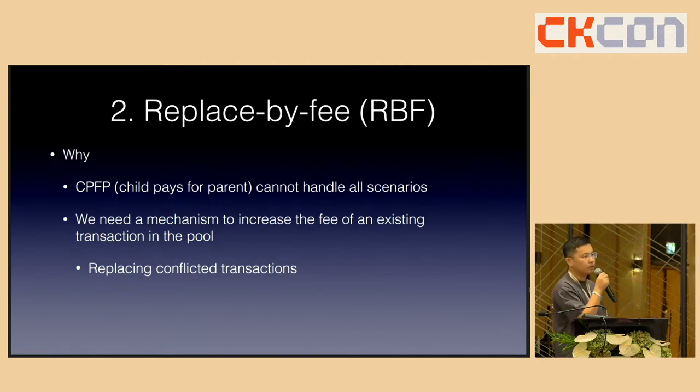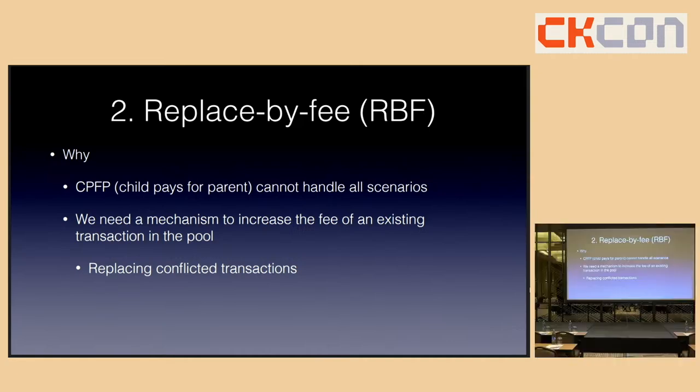Because the algorithm in the transaction pool tries to find a transaction chain which has a high fee rate, if the child pays a high fee, the parent will have a much higher possibility to be packed in the next block. That's called child pays for parent, but it cannot handle all scenarios.